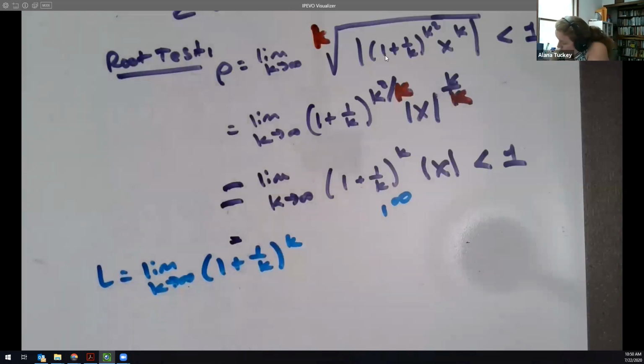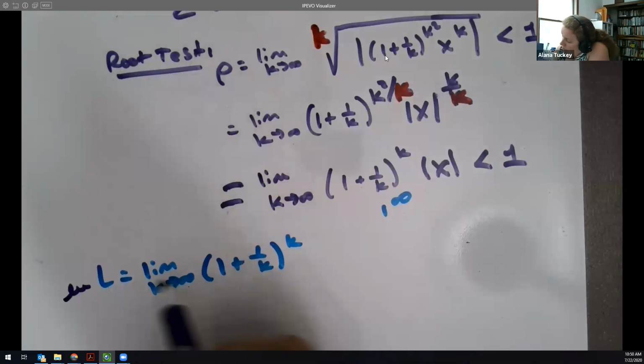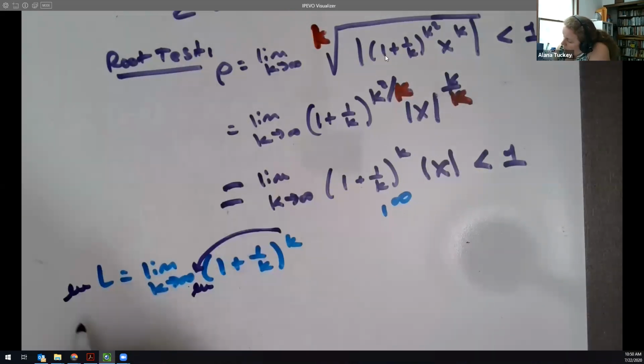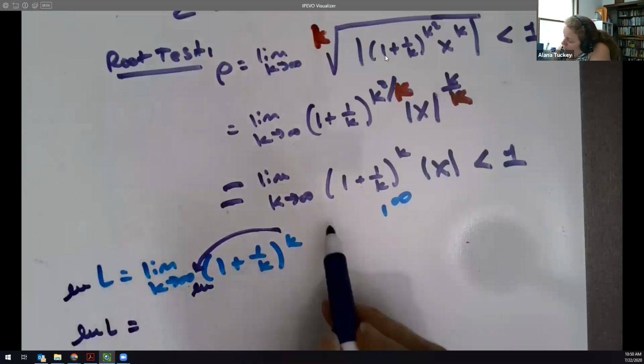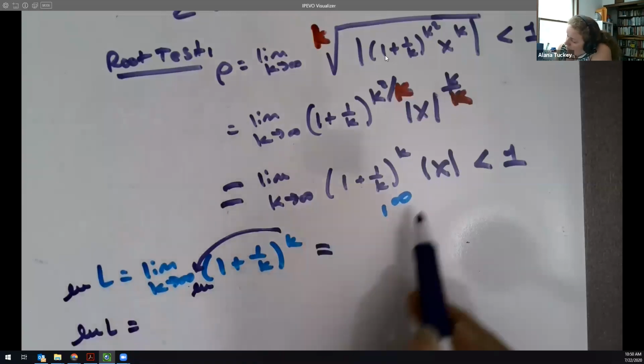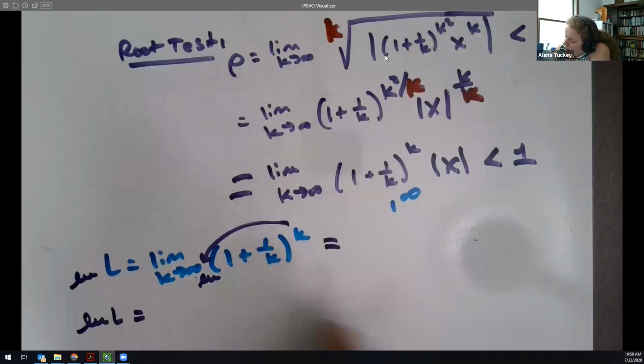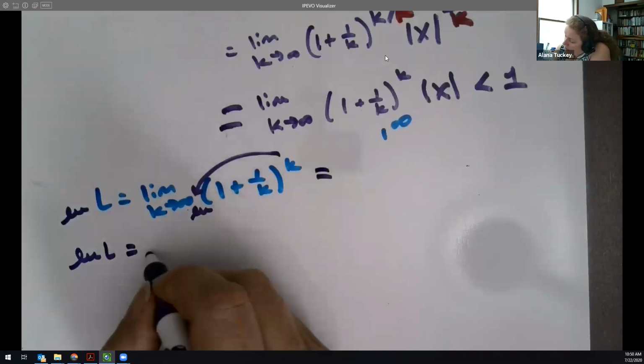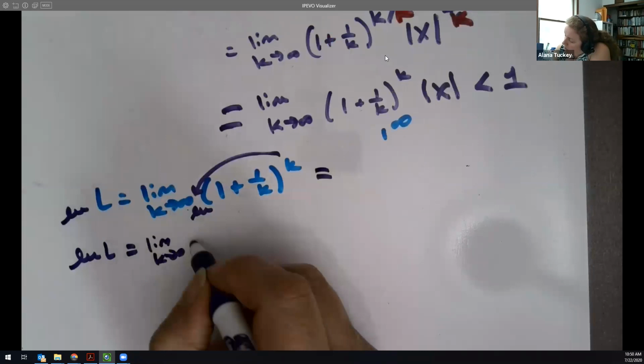For those of you that don't know what it is off the top of your head. So then you take the log of both sides, and when you see it, you'll get it too. You'll realize, but that's okay if you don't get it. So natural log of L, I'll bring the k down. So this is the limit as k goes to infinity, k times the natural log of 1 plus 1 over k.